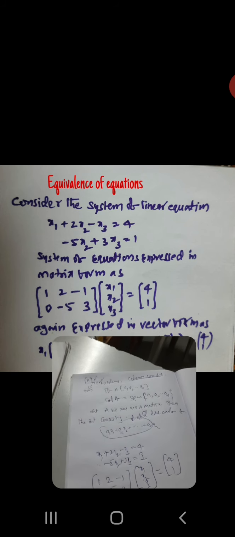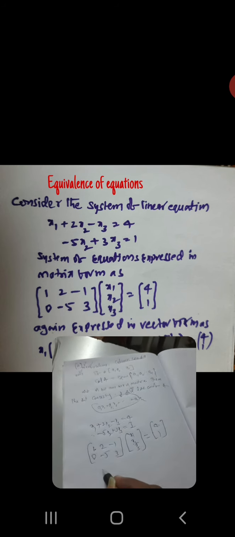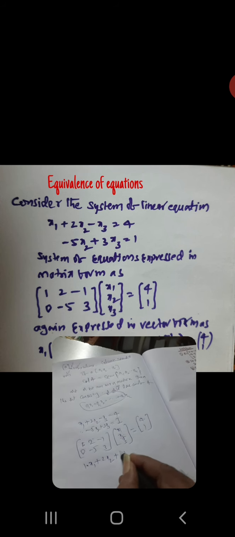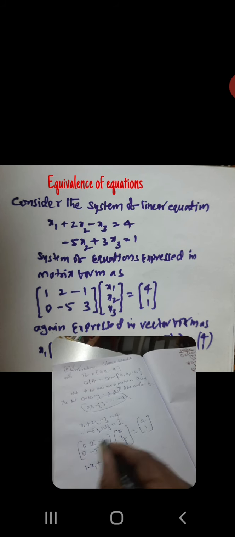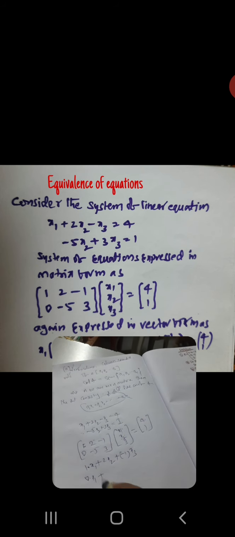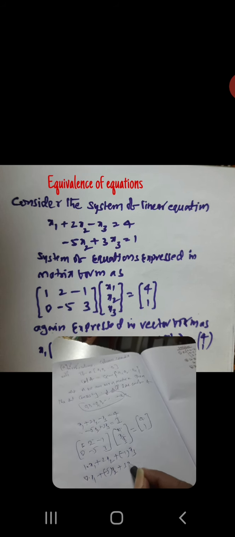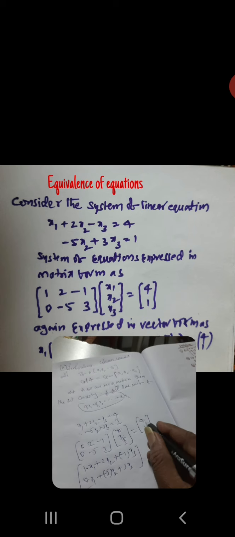You write another form: 1 into x1 plus 2 into x2 plus minus 1 into x3; again 0 into x1, second line, minus 5 into x2 plus 3 into x3, equal to 4 comma 1.